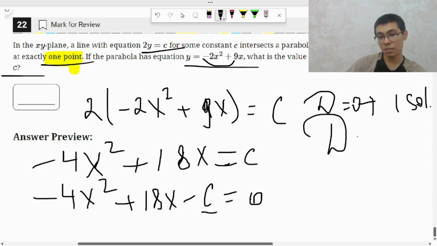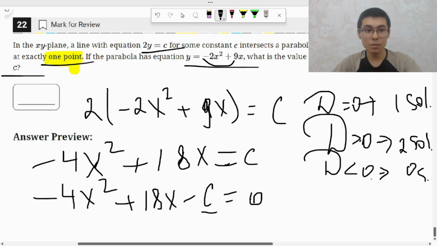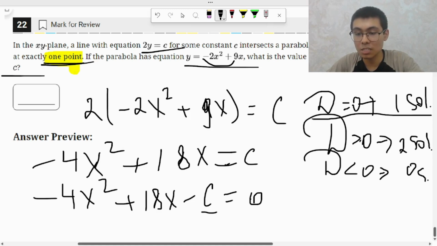If the discriminant is more than 0, that would mean that there are two solutions. If the discriminant is less than 0, that means that there are 0 solutions. So in this case, it's telling us there is exactly 1 point. So that means that the discriminant equals 0.